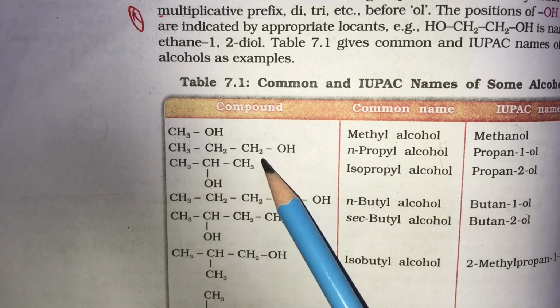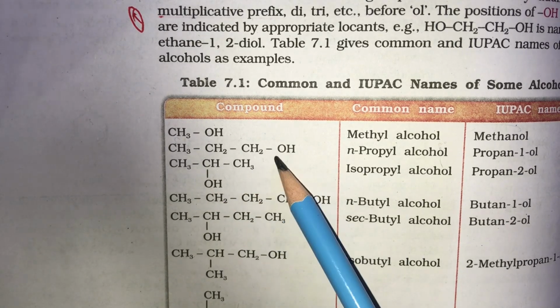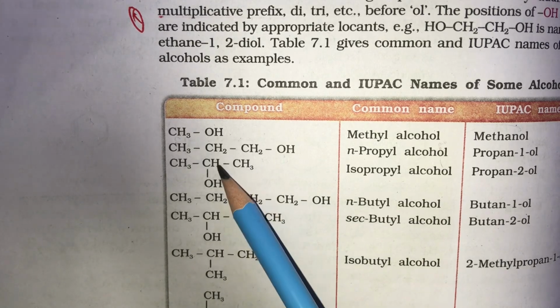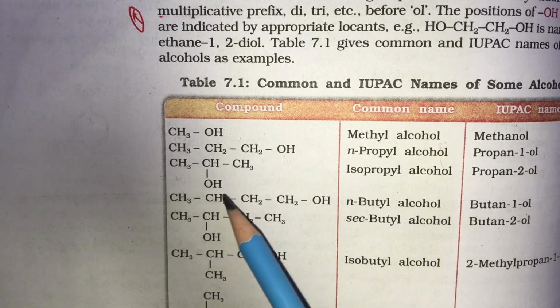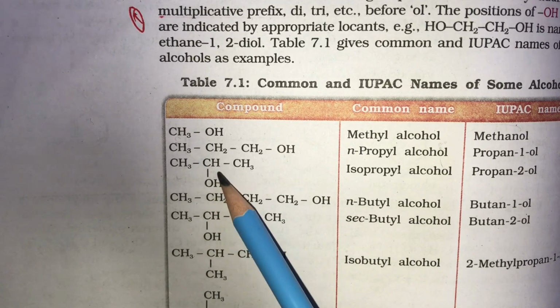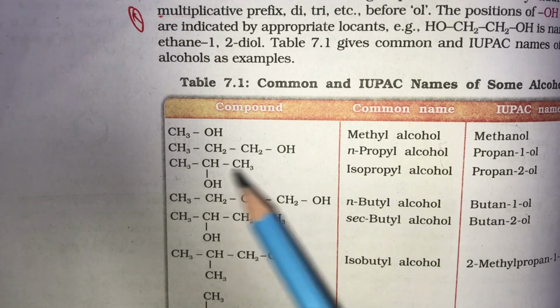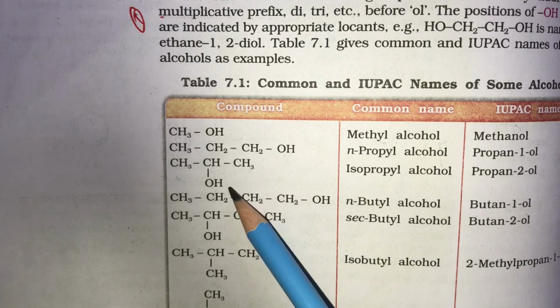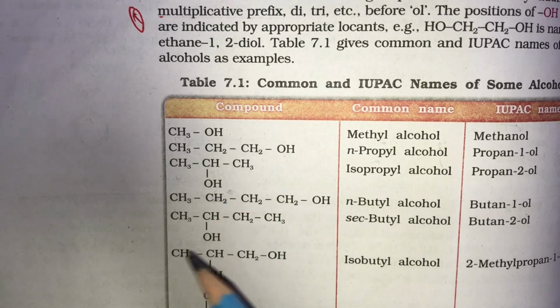Here 1, 2, 3, propyl, n-propyl alcohol or 1-propanol, the OH group attached to the first carbon. 1, 2, 3, propane, second carbon, 2-propanol, attached at the second position. The isomer of propyl alcohol is otherwise called isopropyl alcohol.